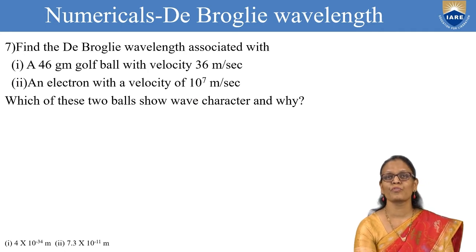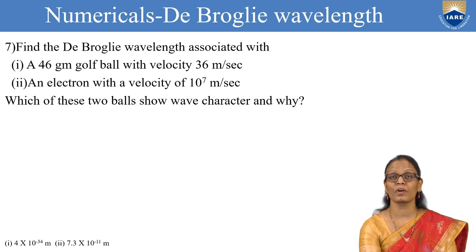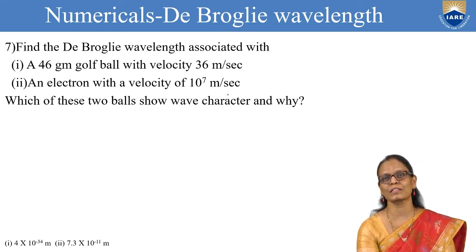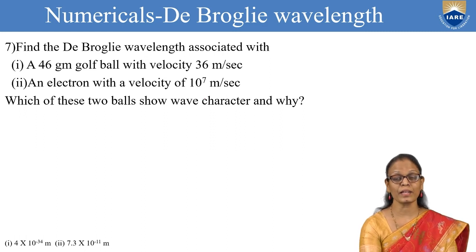Next one. Find the de Broglie wavelength associated with a 46-gram golf ball with velocity 36 meter per second, and the second one, an electron with a velocity of 10 power 7 meter per second. Then you also have to evaluate which of these two show wave character and why.